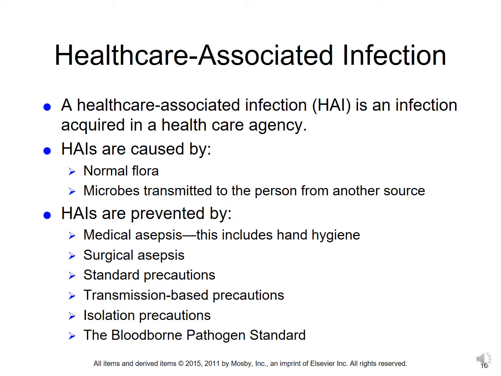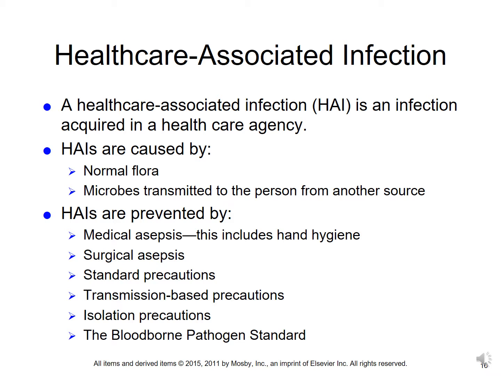Well, that's not a normal place for E. coli. So at that point, that normal flora has actually caused an infection. Another thing that happens with normal flora is our good bacteria get killed off by antibiotics, and so the normal flora isn't there to protect us from infections.